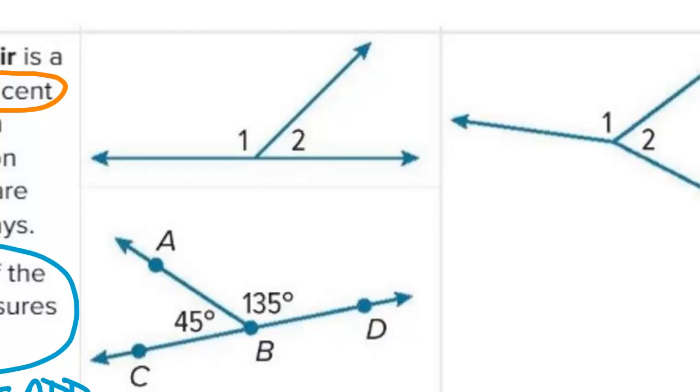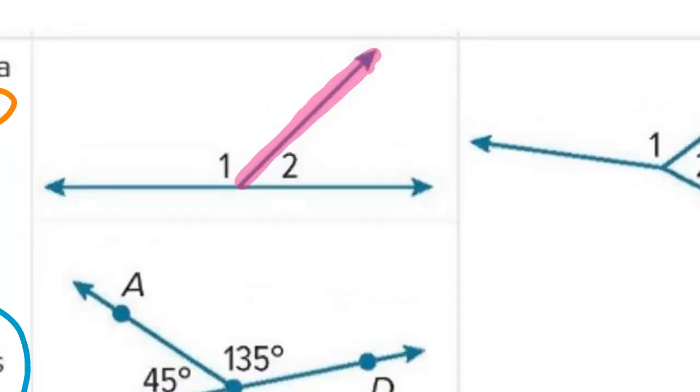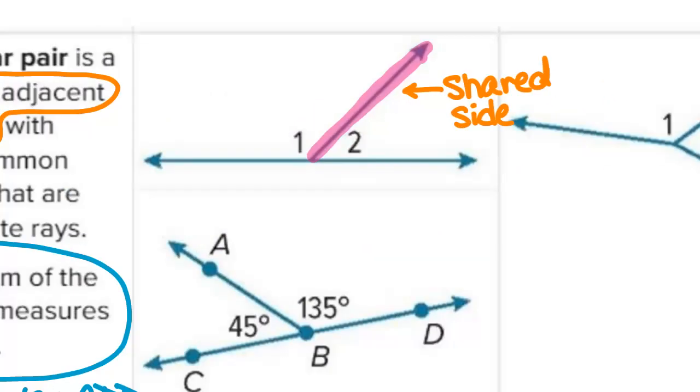If you look up at the top example here, between angles 1 and 2, we have a shared side right here. And their non-common sides would be this side right here on angle 1 and this side right here on angle 2.